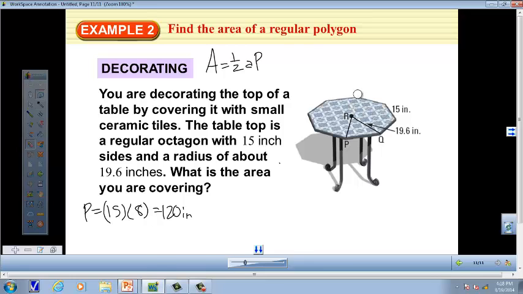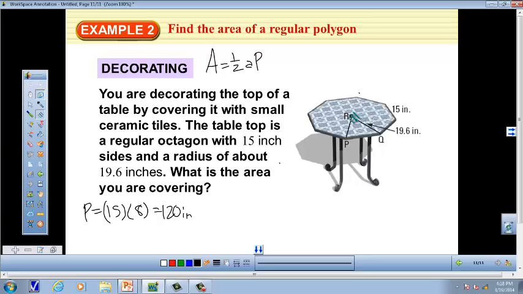This is actually an easier problem because if we know this is 15 and I draw my apothem, we know that the apothem is an angle bisector, but it's also a perpendicular bisector. So PQ is 15, but if we call this S right here, we can say that SQ is half of 15.